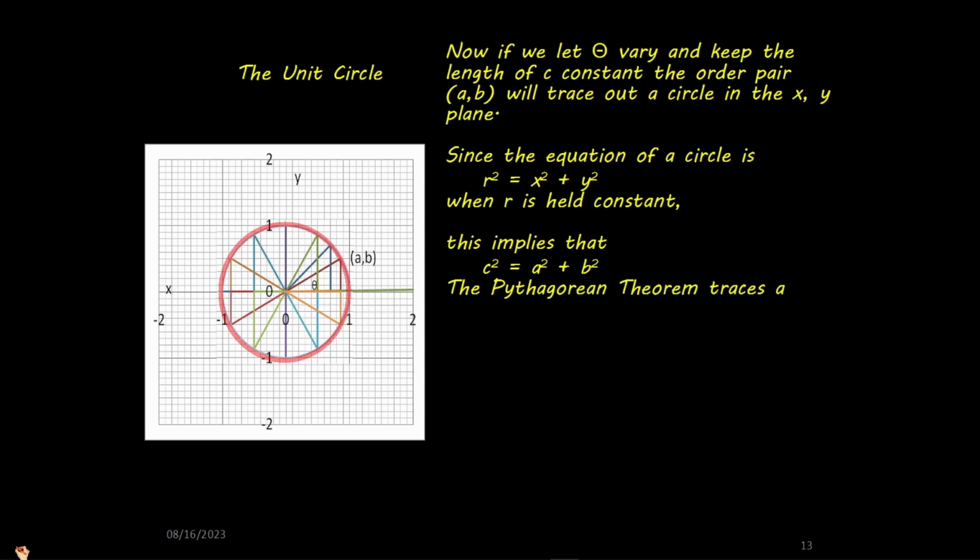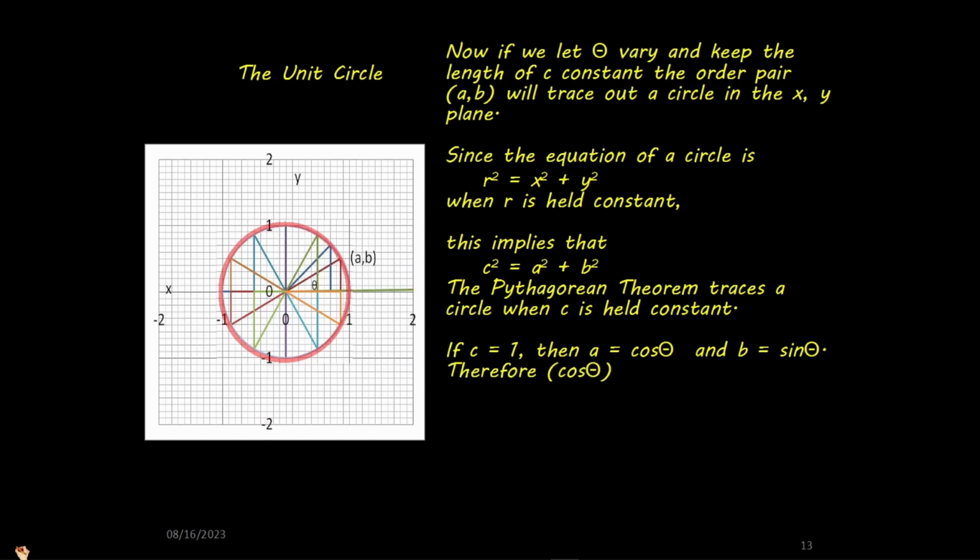The Pythagorean theorem traces a circle when c is held constant. If c equals 1, then a equals cosine theta and b equals sine theta. Therefore cosine squared plus sine squared equals 1 is a circle with radius 1, a unit circle.